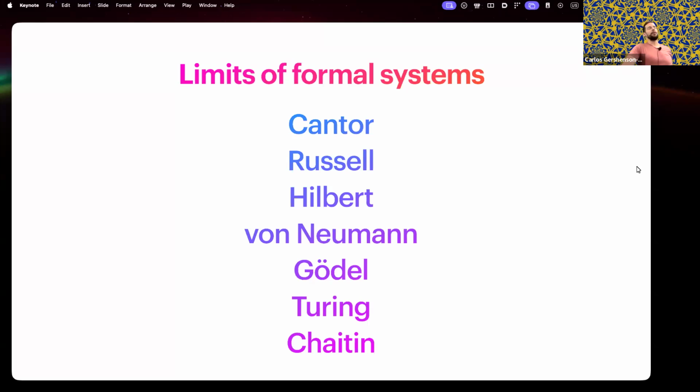This means that there shouldn't be any paradoxes within mathematics, like Cantor's or Russell's, and that you should be able to say whether any statement is true or false. So that would be decidability; consistent, that there are no paradoxes; and complete, that you can prove any statement in them.